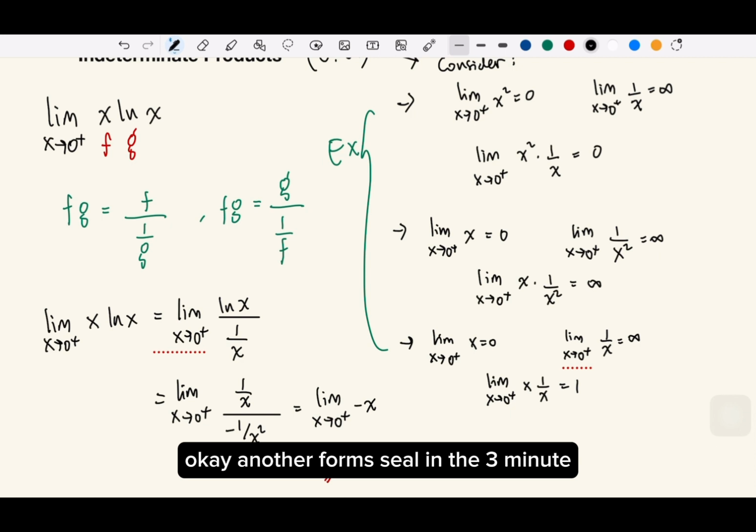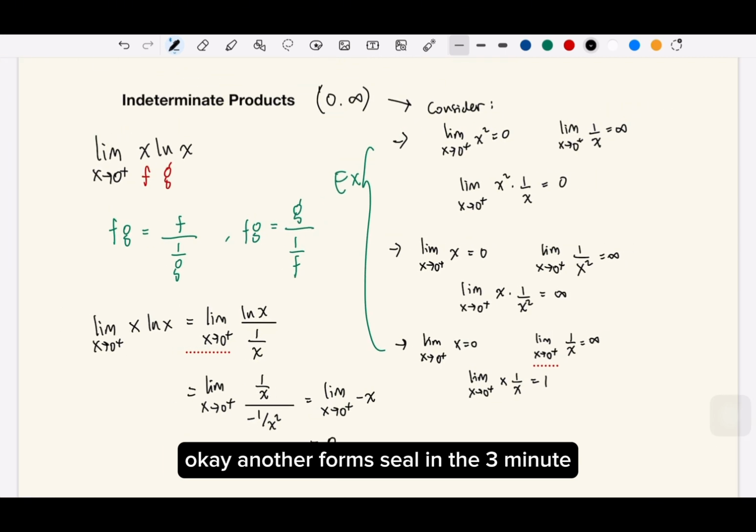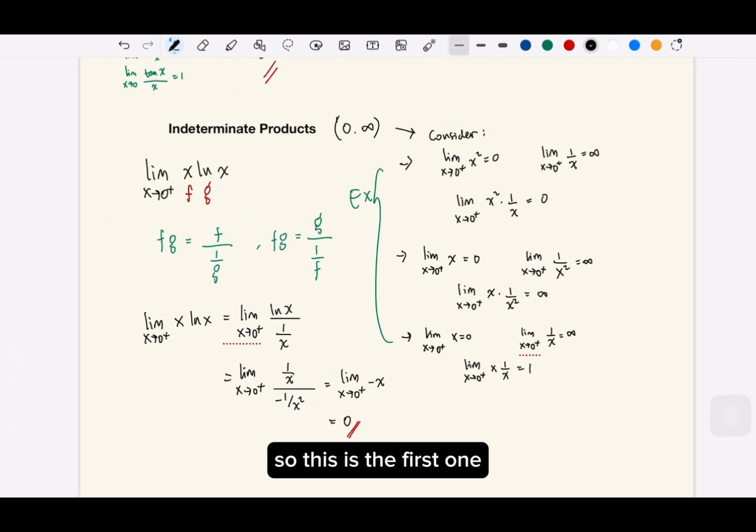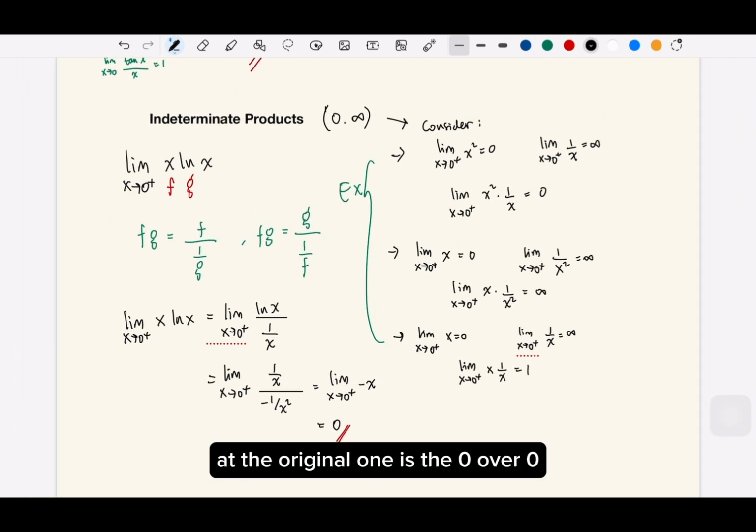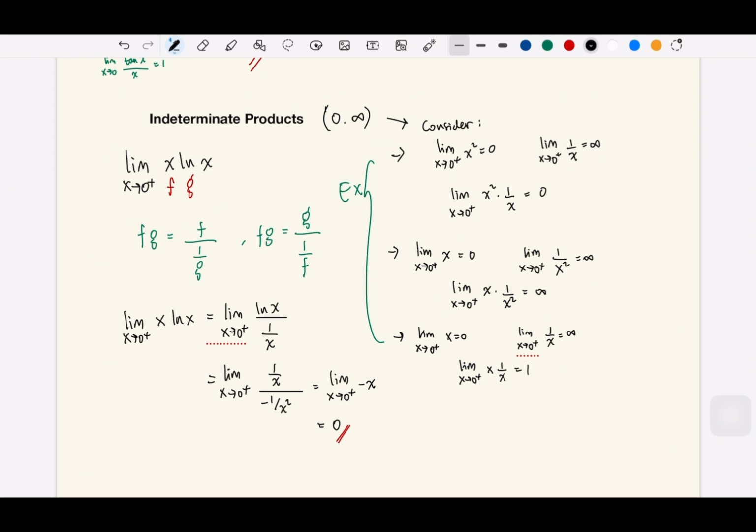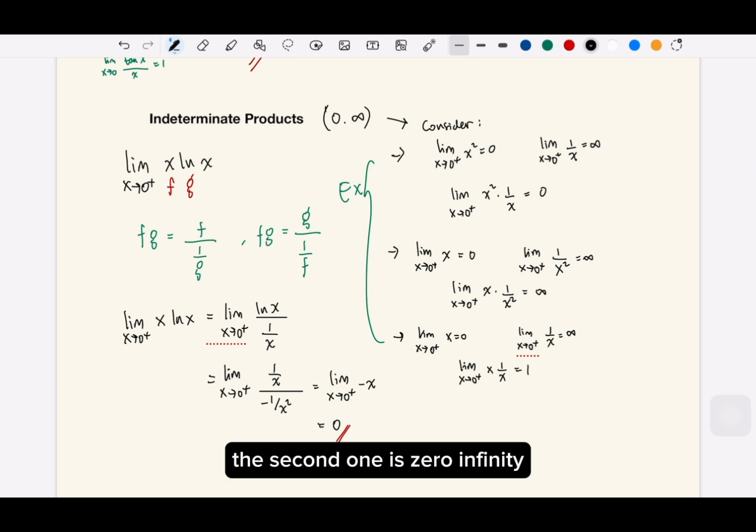Okay, another form, still indeterminate. We have at least 4 forms. So this is the first one. The original one is the 0 over 0 or infinity over infinity. The second one is 0 times infinity.